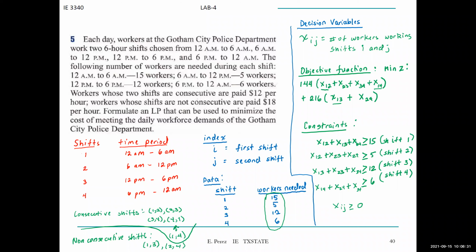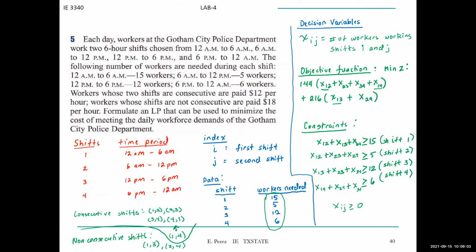The question is, the problem is not forcing you to a minimum number of workers, so can we just assign people to non-consecutive shifts? Oh no, it's more expensive actually. So I see what you're saying. It's less expensive to have everyone working consecutive shifts.